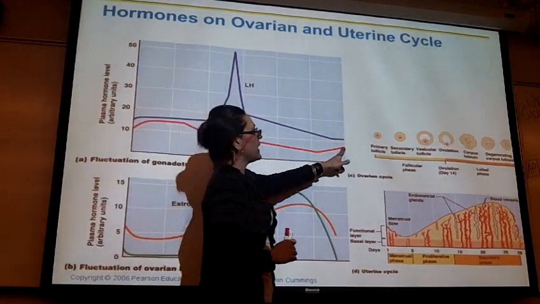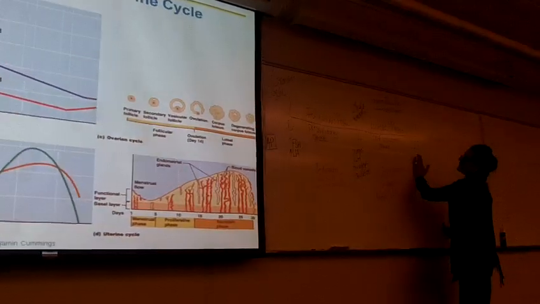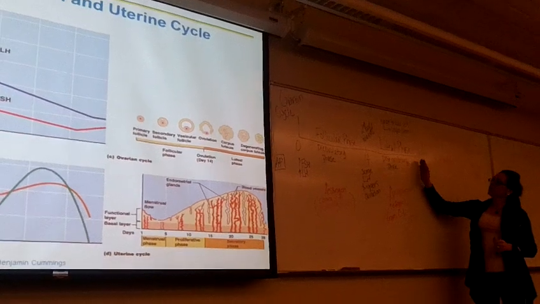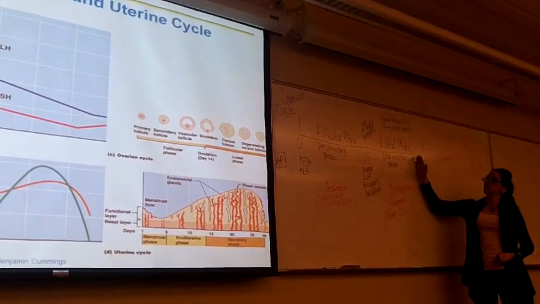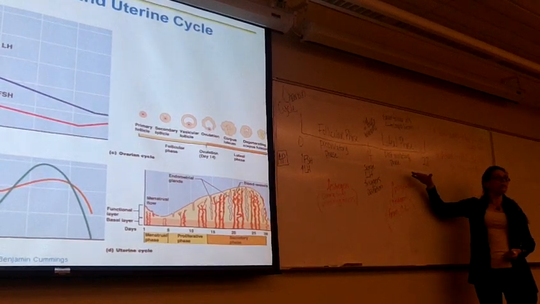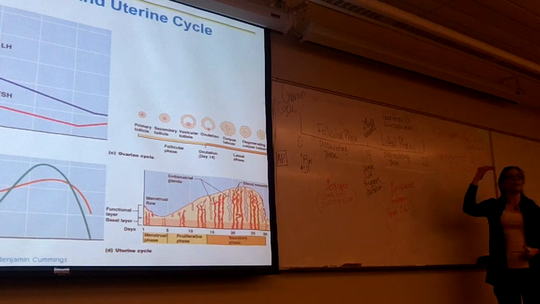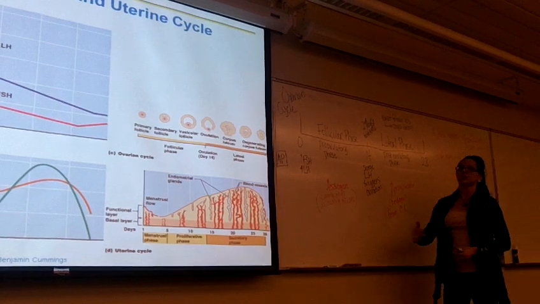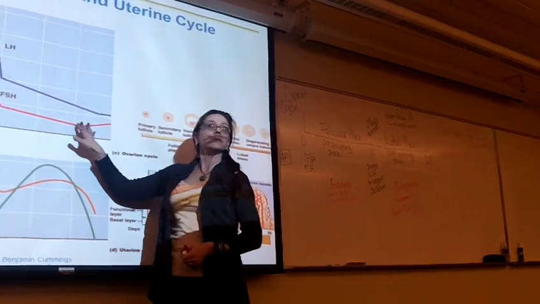This would be at the end of the cycle, over here, towards the end of the cycle. And again, towards the end of the cycle, not at the very end, but towards the end, estrogen and progesterone levels are a bit on the higher side. They're inhibiting the hypothalamus. That keeps FSH and LH levels a little bit on the low end.